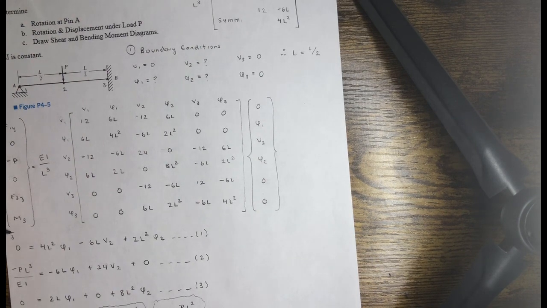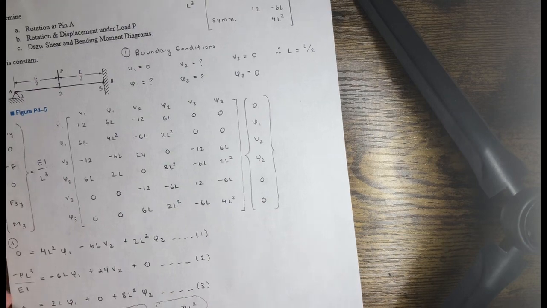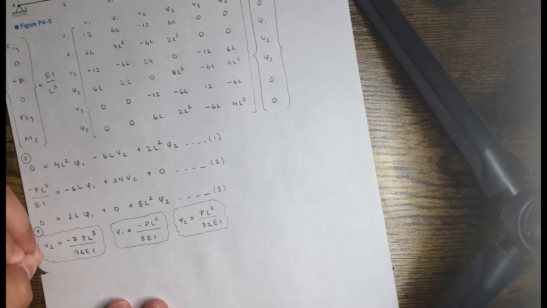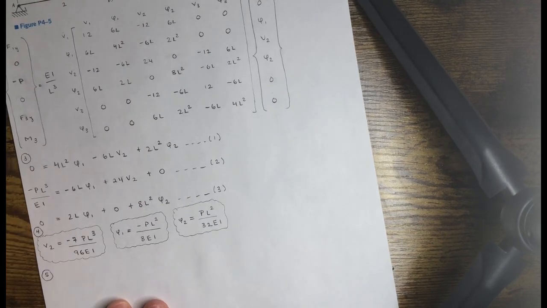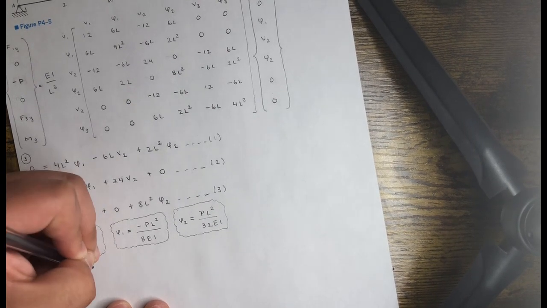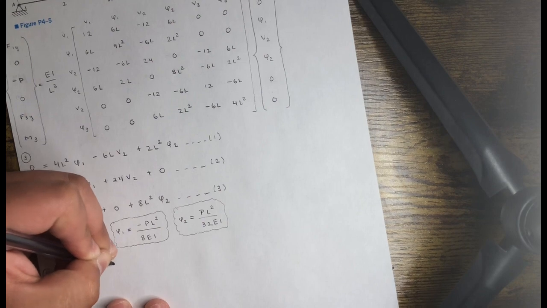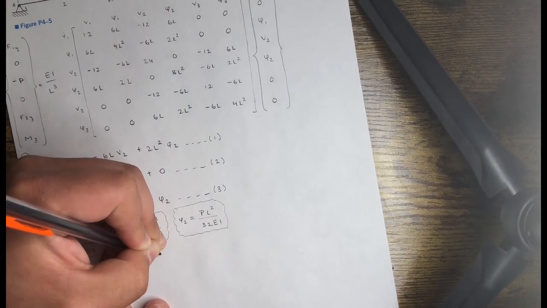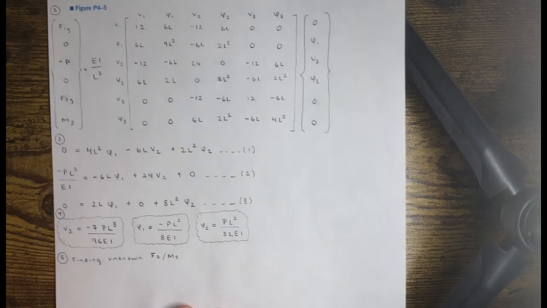Step 3 was assembling the equations itself. And step 4 was finding the v2, phi1, and phi2. So step 5, we're going to call this finding unknown forces, unknown F's, M's, forces and moments, okay?